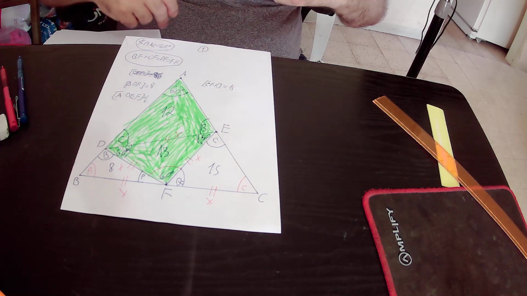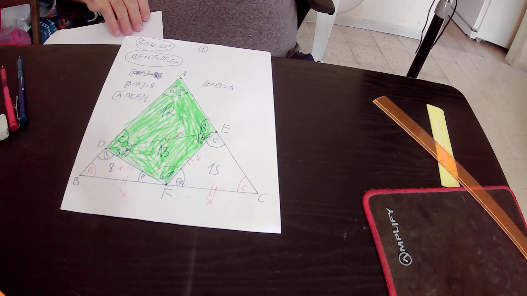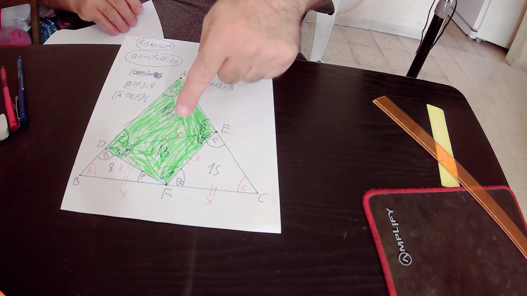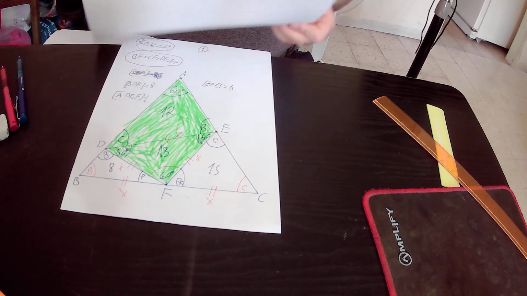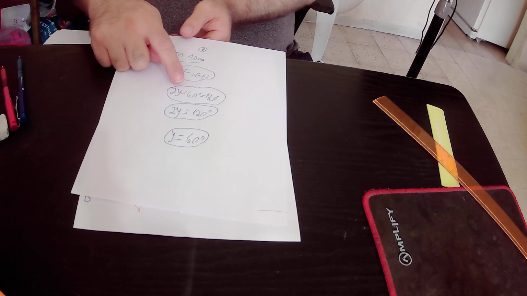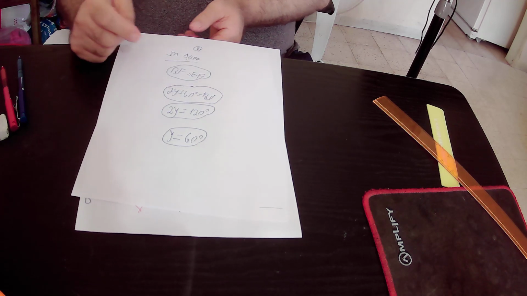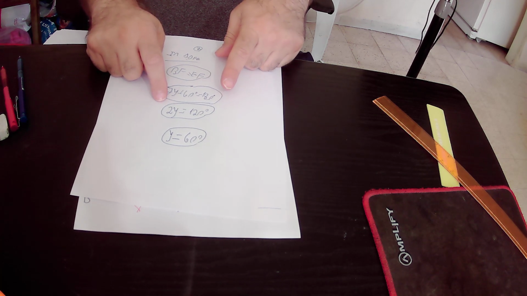And we know that the sum of the angles in any triangle is equal to 180 degrees. Therefore, the sum of the angles in triangle DFE equals 180 degrees. That is to say, 2y plus 60 degrees must be equal to 180 degrees. We subtracted 60 degrees from this equality and we found that 2y equals 120 degrees.